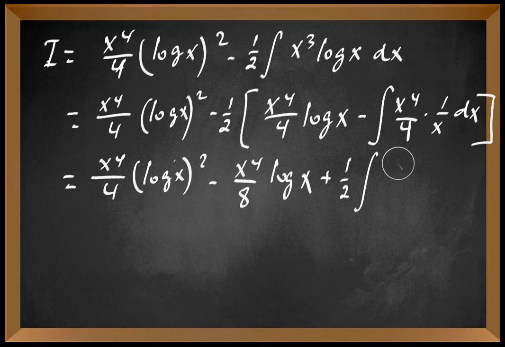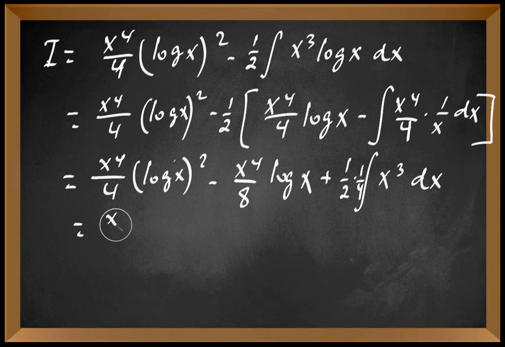If we pull the outside factor out, times 1/4 actually again of the integral of x cubed dx if we simplify.